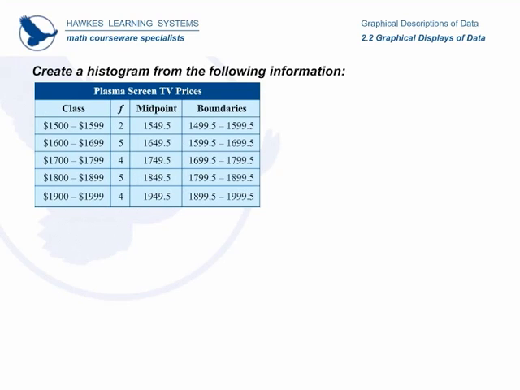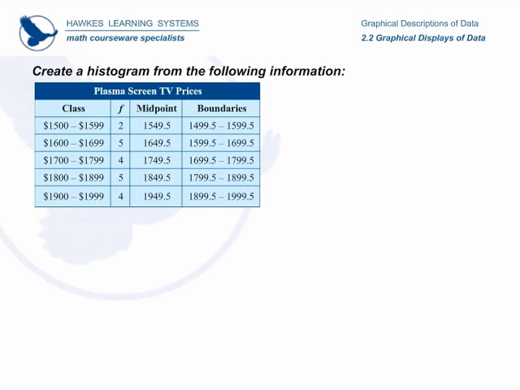Now let's take a look at an example of how we can create a histogram from the following information. Here we have in the table data collected dealing with plasma screen TV prices. So we have our classes of prices, our frequency of purchase, our midpoint within the class, and then the boundaries of the class.